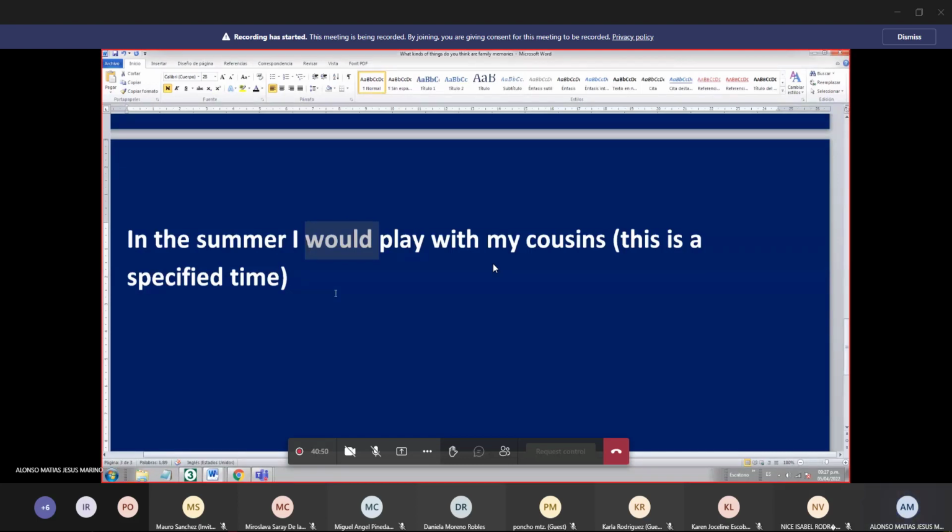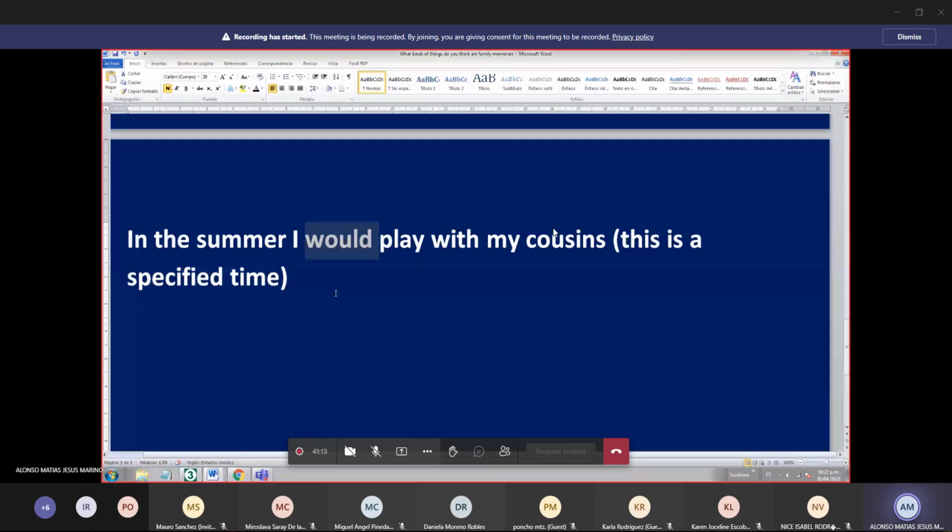Would has several usages, okay? But in this case, when we're talking about the past, here in Mexico, in Spanish, we have something called the copretérito. Sometimes we use used to, and sometimes we use would.